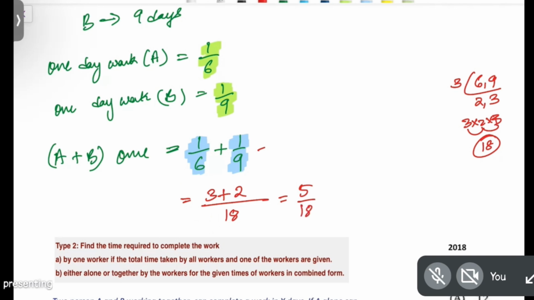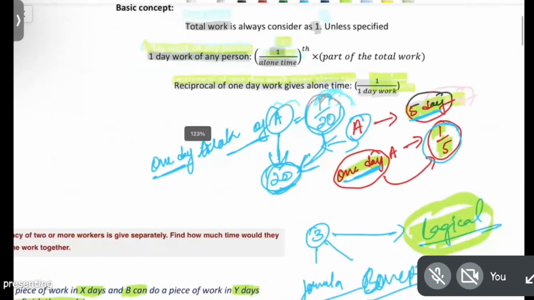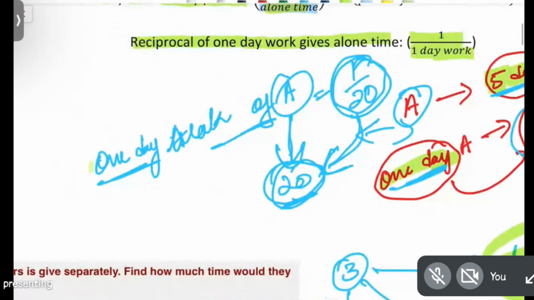So now, if A and B work together, in 1 day they can finish this much. And we have learned earlier that if A can do this much work in 1 day, then the reciprocal of that will be the total days required. I'll do the same thing here.